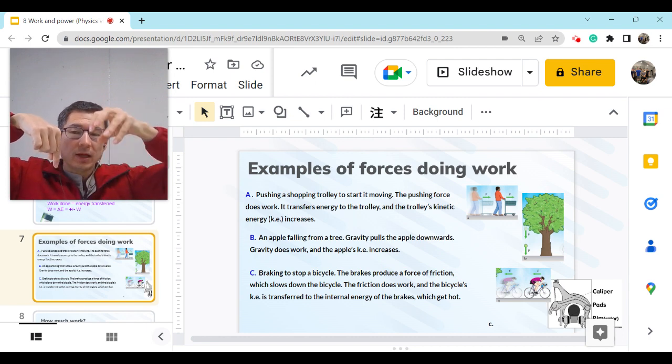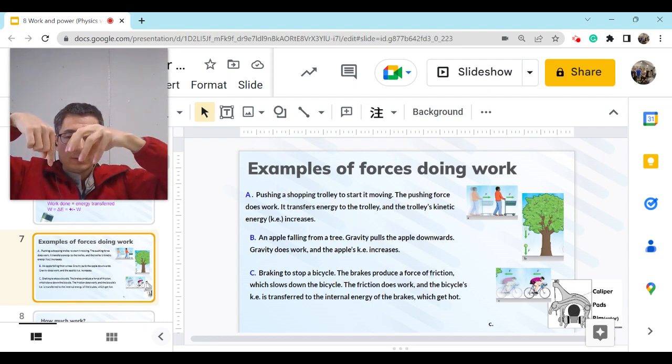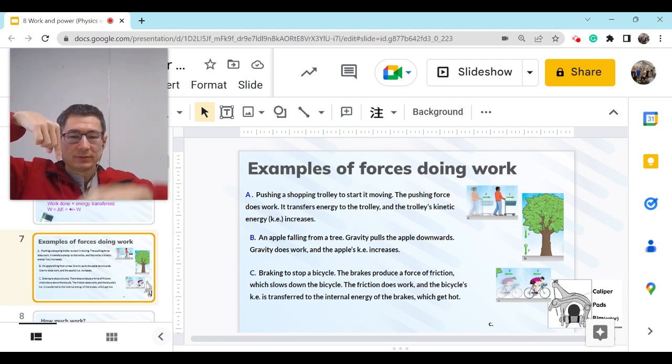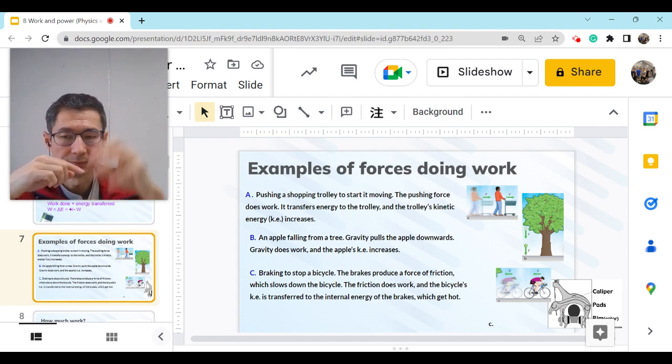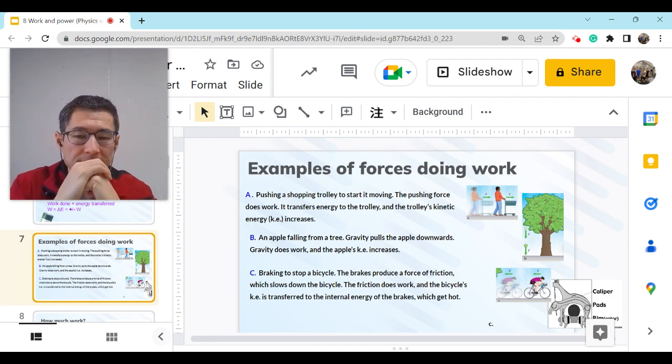The movement of the apple is parallel to the force, in the same direction. So the work done can be calculated as force times the distance, the height of the tree.